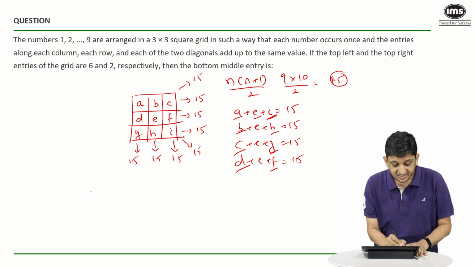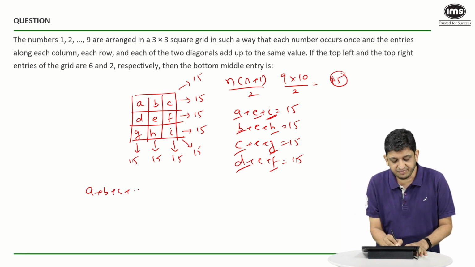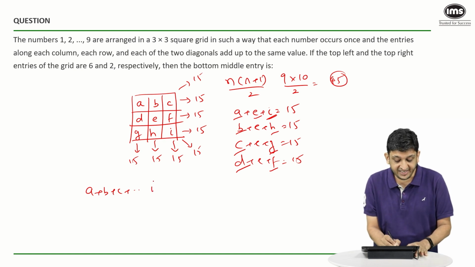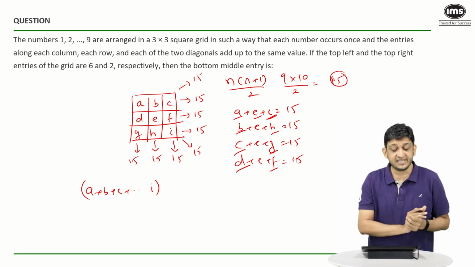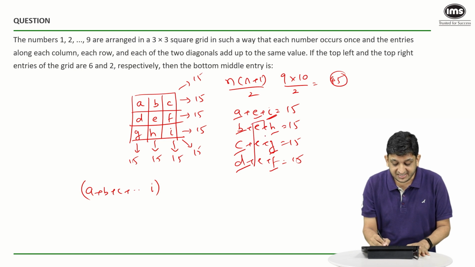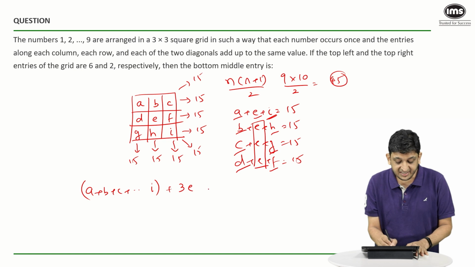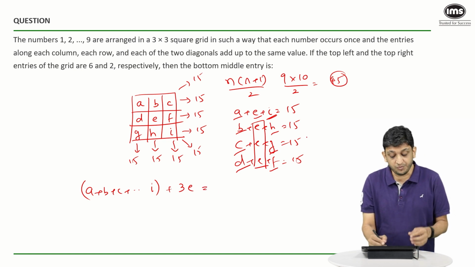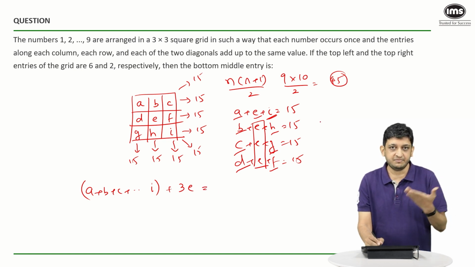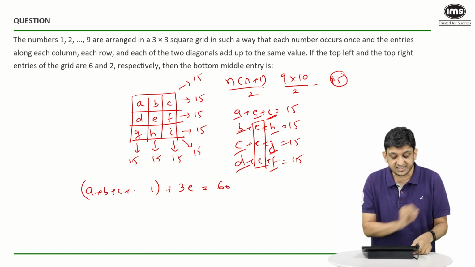So we are going to get A plus B plus C and the entire thing till I, that is going to be one part of the sum. And the other part will be the 3 extra E's that are also present. So this entire thing plus 3 E's will be equal to 15 plus 15 plus 15 plus 15, that is going to be 60.